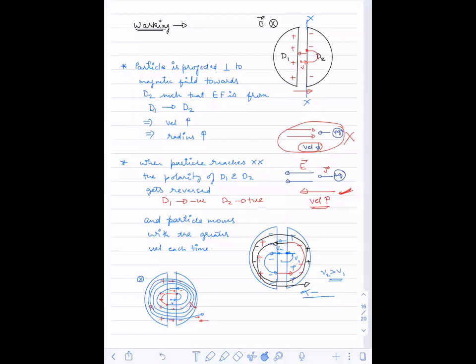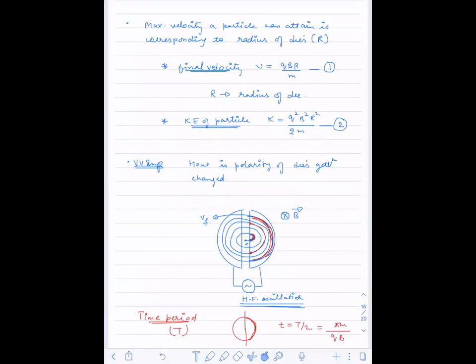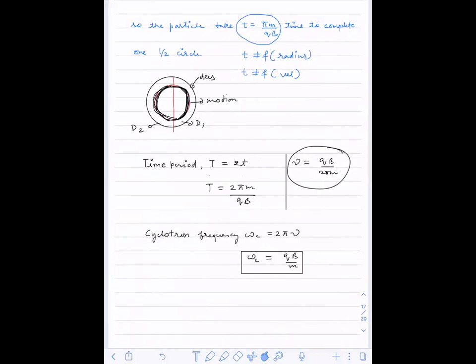This is the second slide. Third slide. Fourth slide.